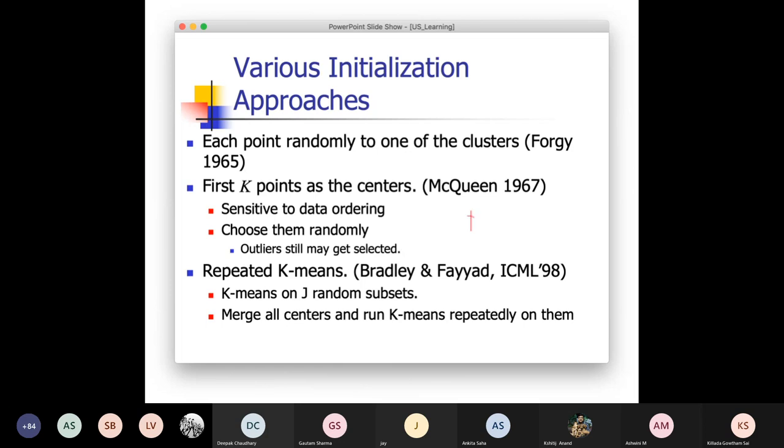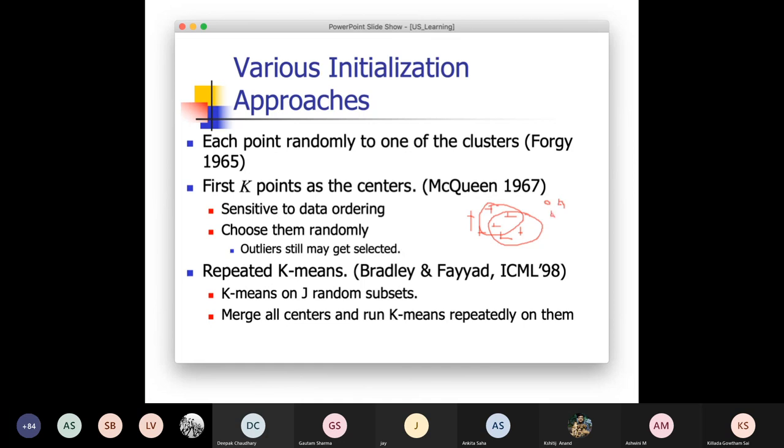Let me show you. Say I have some data points like this. Suppose I randomly choose a subset, say this one, and I perform k-means here. After performing k-means, I have two such points. Similarly, I can choose another random subset, perform k-means, and have two more points.